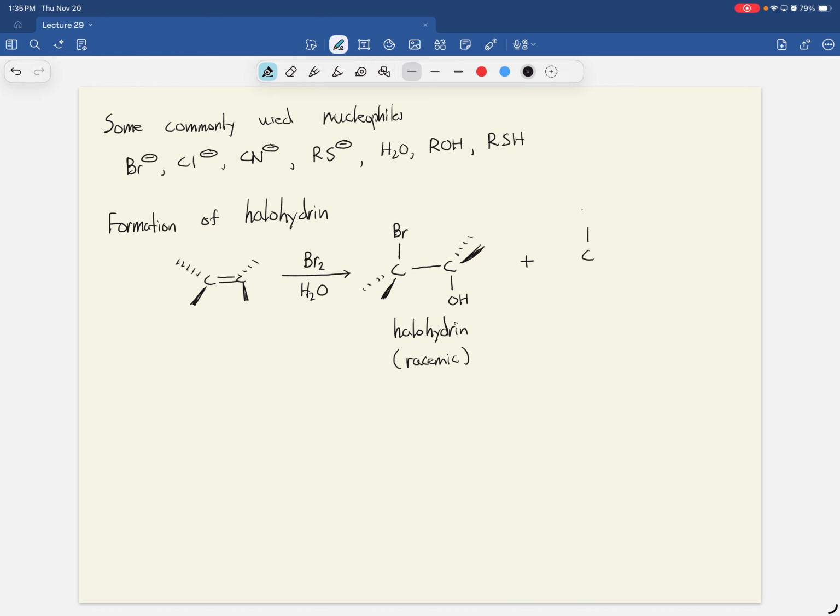And you also get, so bromine is also going to compete with water. So that's why you get some of this too. So this is a minor product. And since this is in the chiral center, so that it's not racemic. So that's why I didn't write racemic.